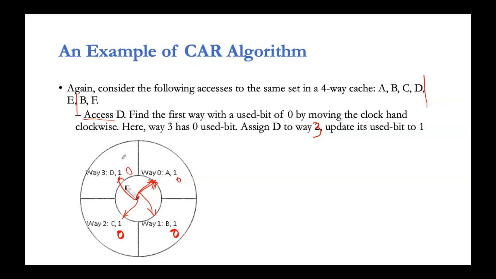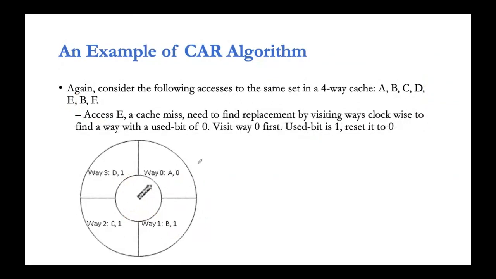From the second cycle, it is going to load the newly accessed cache lines. So on each access where the cache misses, that is, the line is not there in your cache, it needs to find a replacement by visiting ways clockwise to find a way with a used bit of 0.